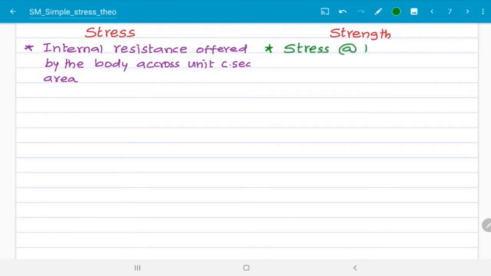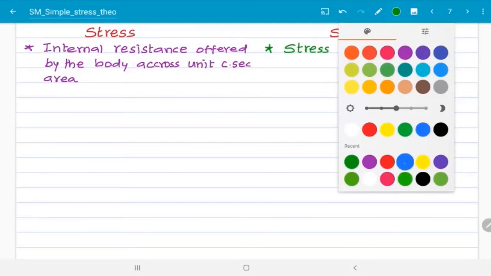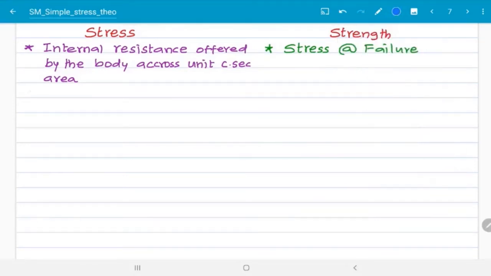Right. Next, stress is which property? Geometric property. Stress is a geometric property.